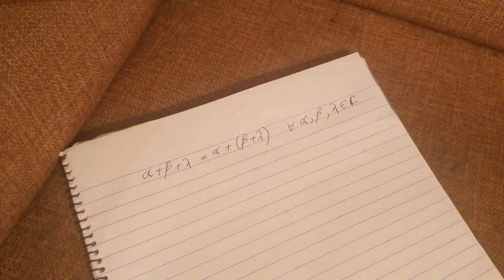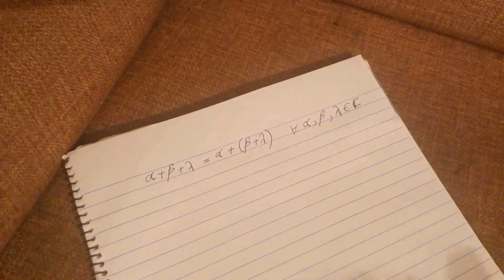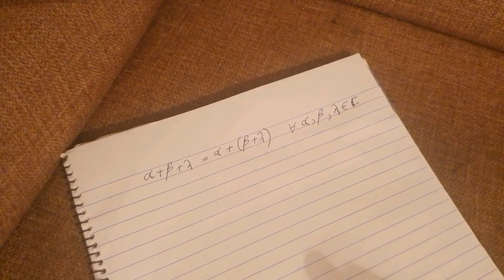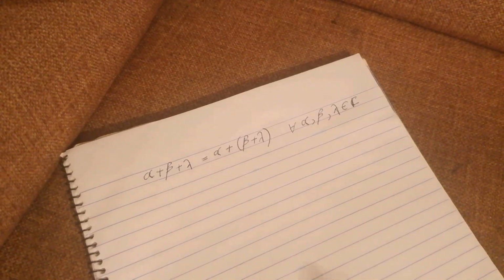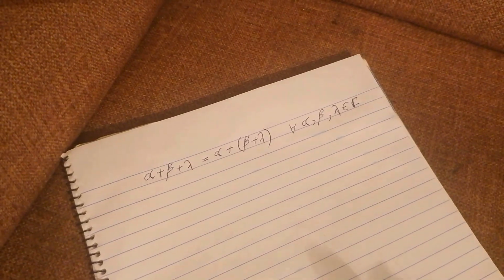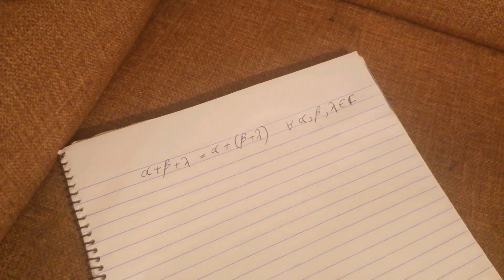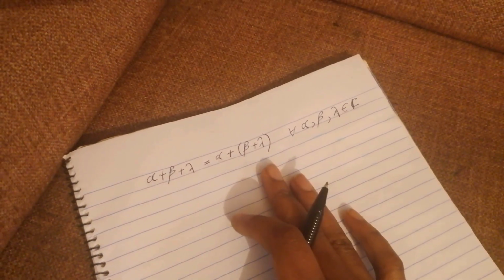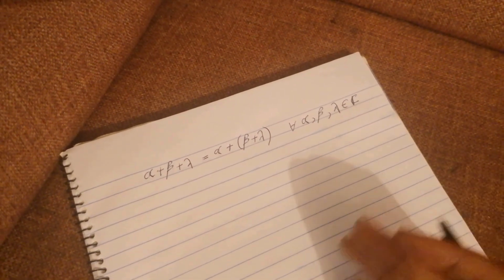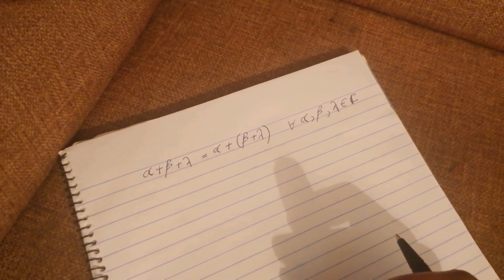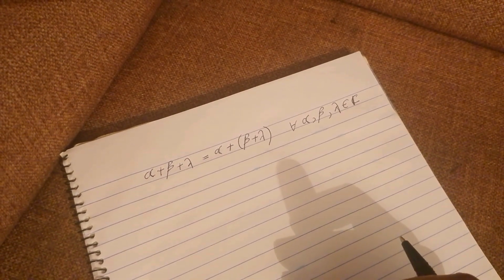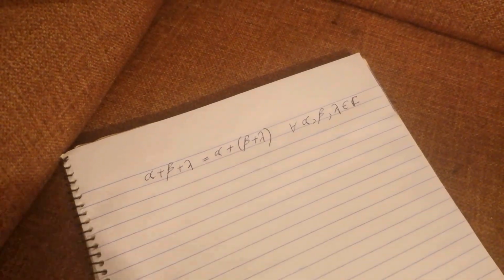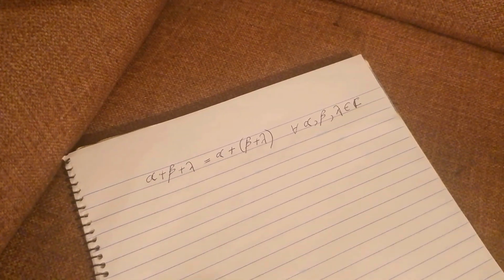So another problem that you'll find in the book is around testing complex numbers, and specifically testing the associativity of addition. We have this problem here, and we're being asked to show the associativity of addition.